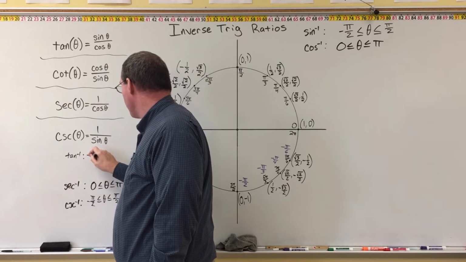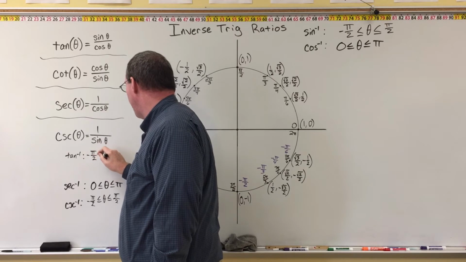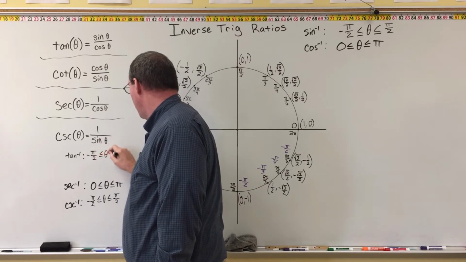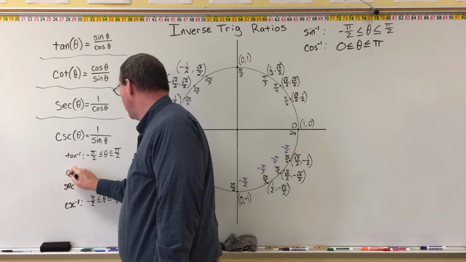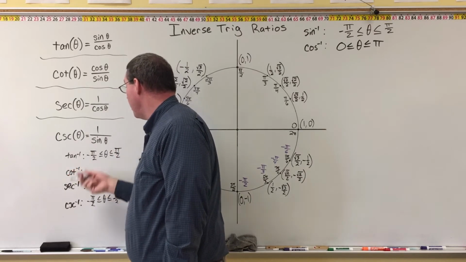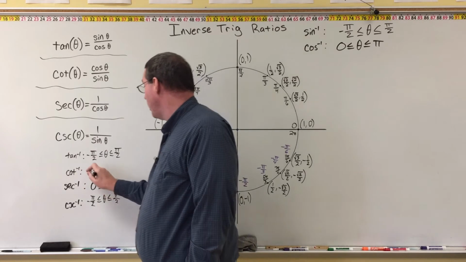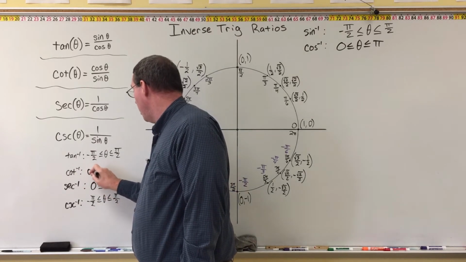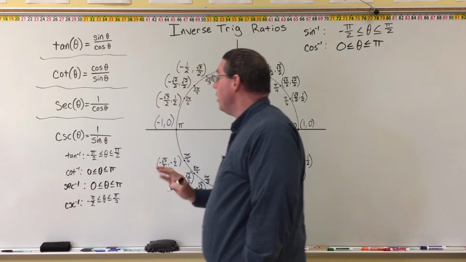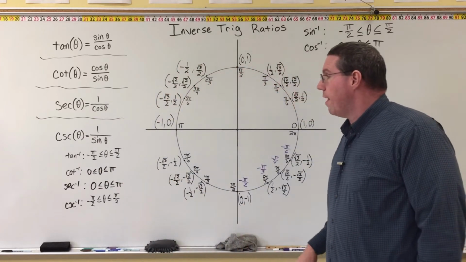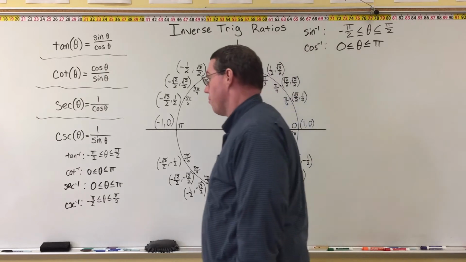So for tan inverse, the restriction is going to be from negative pi over 2 up to pi over 2. And then the restriction for cotangent inverse is going to be the same restriction for cosine, which is from 0 up to pi.